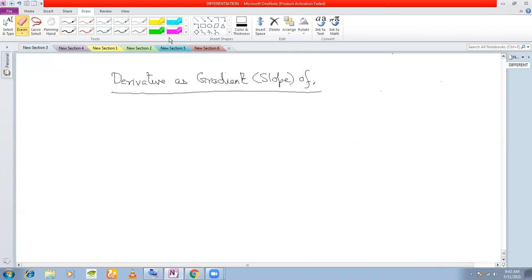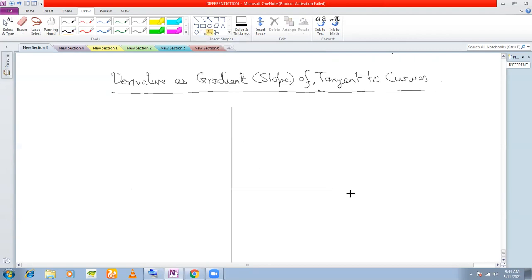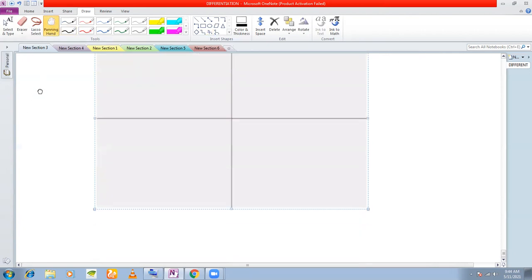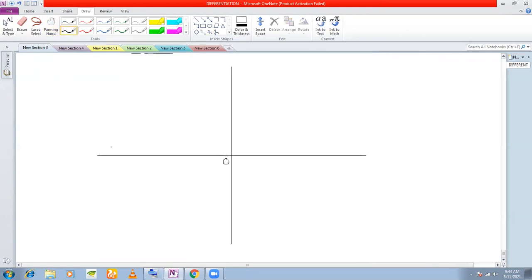Let me just correct this a little. Slope of tangent to curves. Okay, now what does this mean? Suppose I have my axis here, and on these axes, say I have a curve like this.